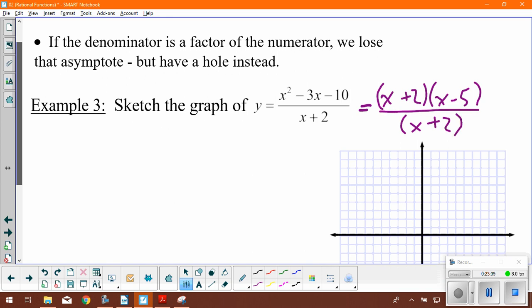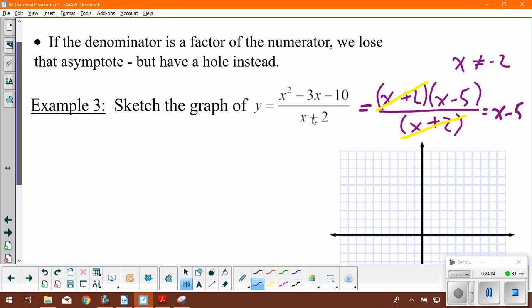So before I go ahead and cancel, I note that my restriction is that x cannot equal negative 2, because that's where my vertical asymptote would be. But these two things cancel out. So this function really looks like x minus 5.